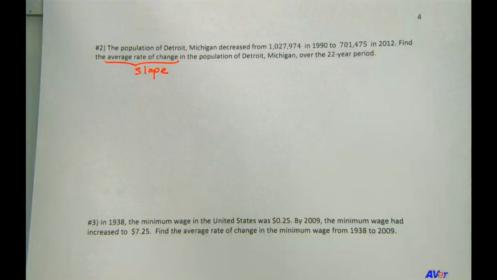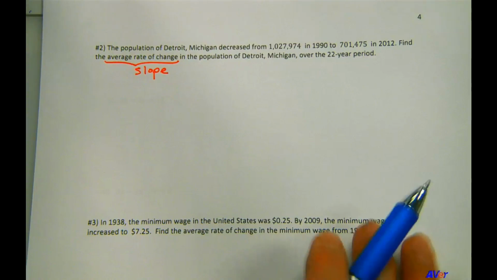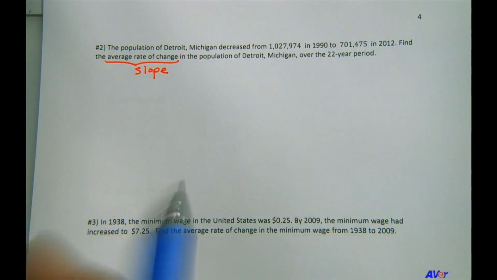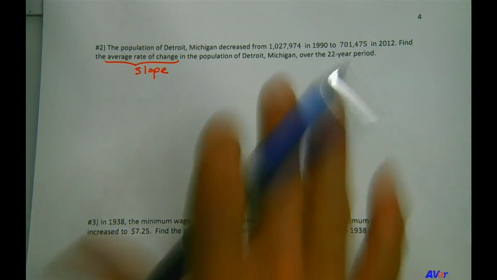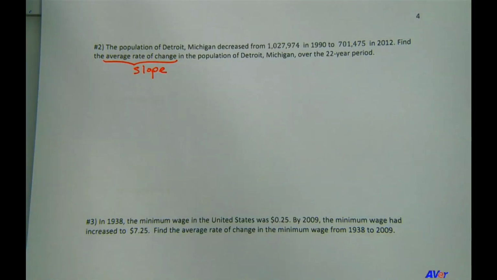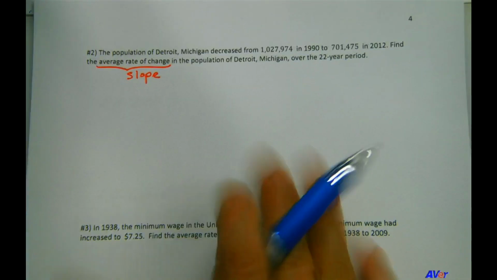But in the word problem we have before us, we need to extract that information for those 2 points on our own. So the methodology is the same, but we need to find those 2 points on our own. That's the only difference between this and those other problems that we did so far. So let's find the points.